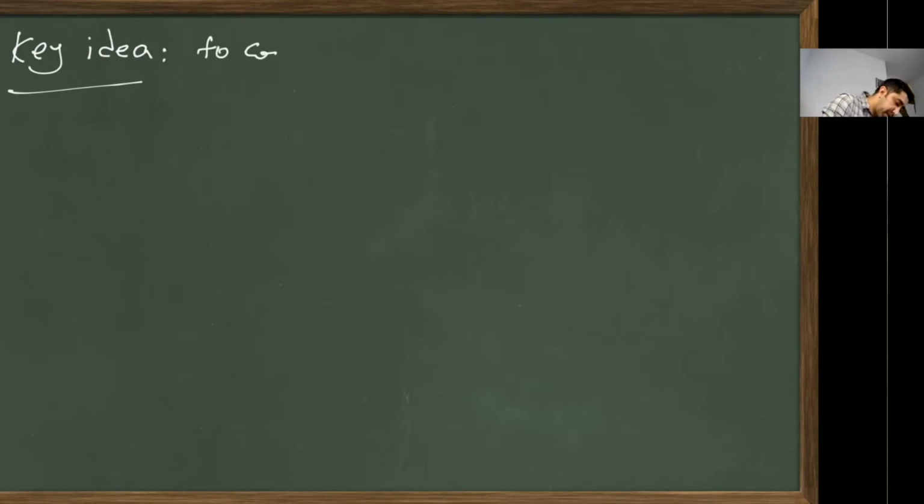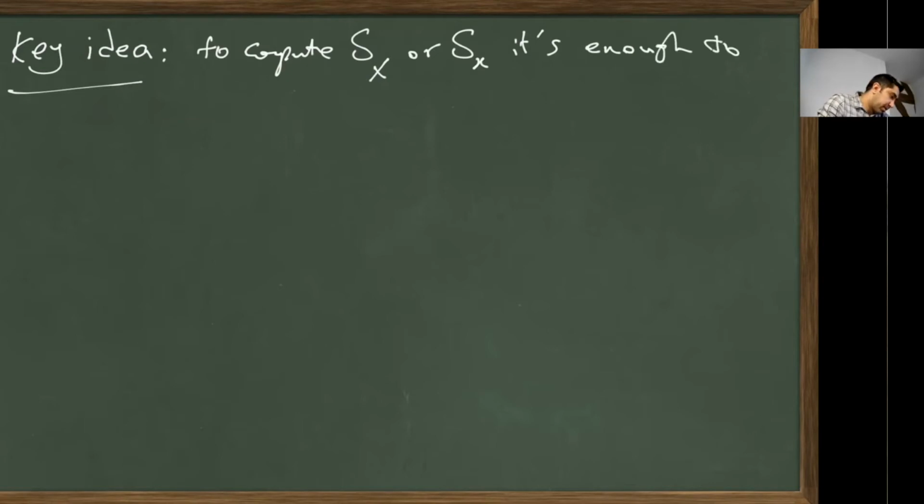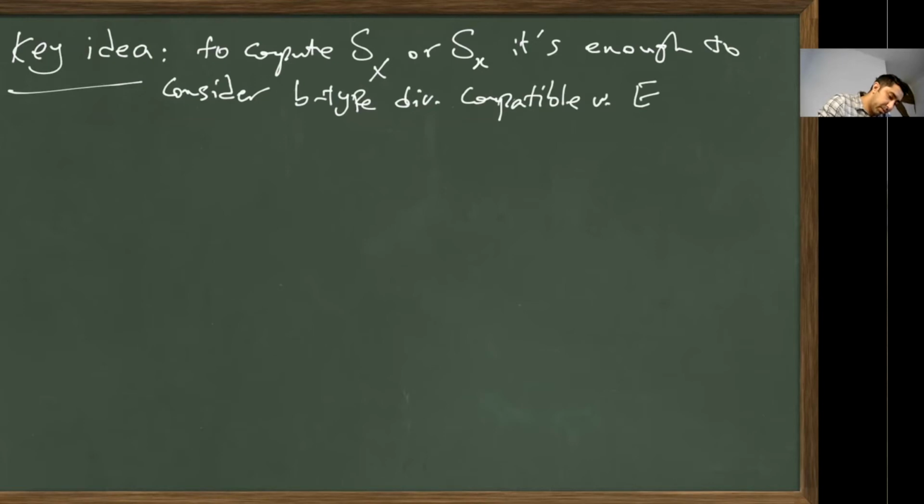The point here is that to compute delta, or also delta X, the local one, it is enough to consider basis type divisors that are compatible with E. So you fix an E, any divisor you like.